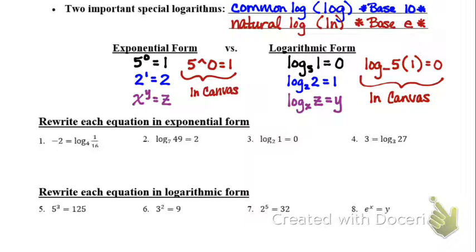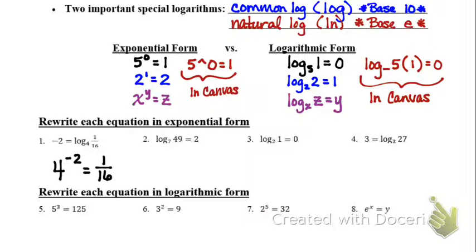All right, so I'd like to practice taking 1 through 4 and writing them in their exponential form. How would I rewrite number 1 in its exponential form? 4 to the negative second equals 1/16.